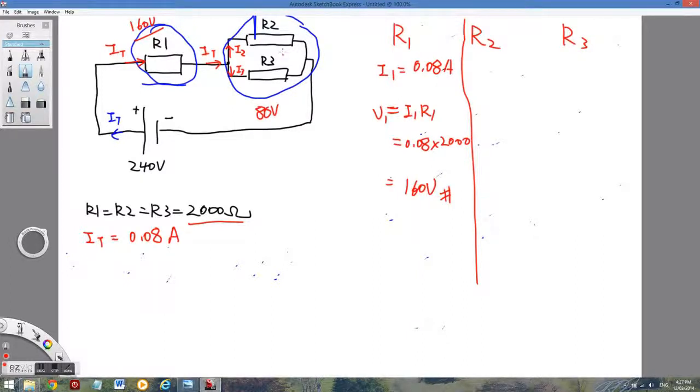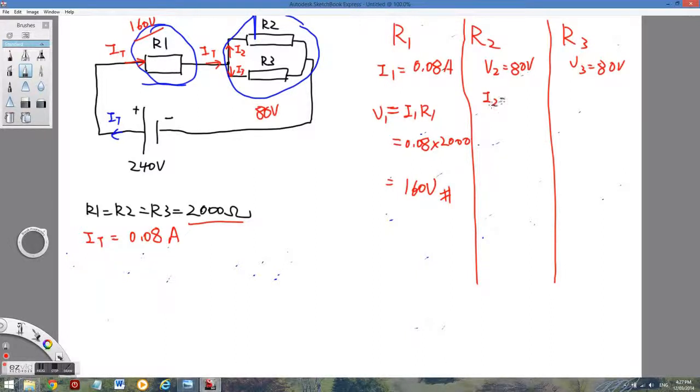Also, because R2 and R3 are parallel, they should have the same voltage. So V2 should be 80 volts, and V3 should also be 80 volts.